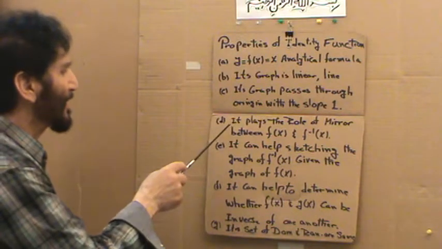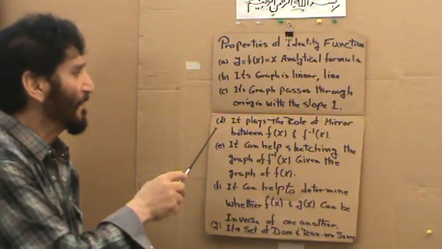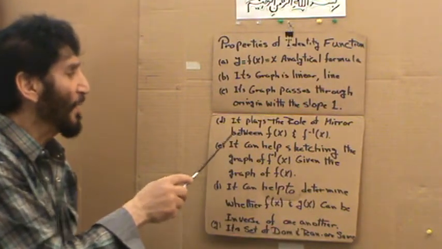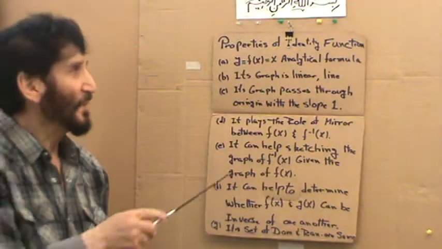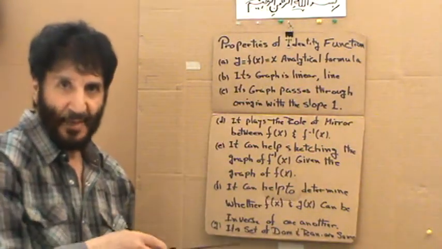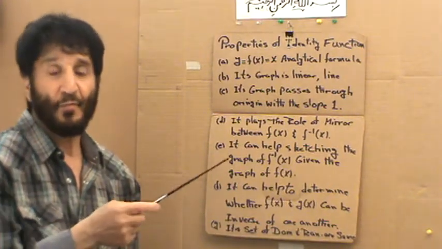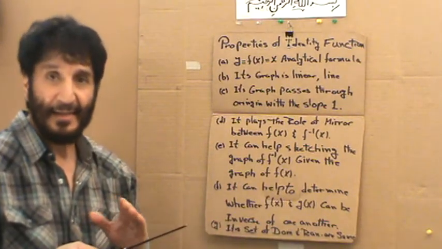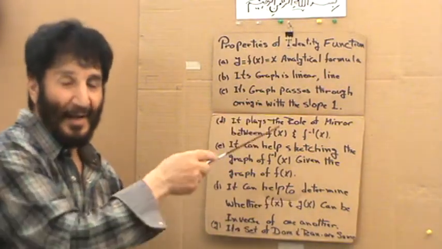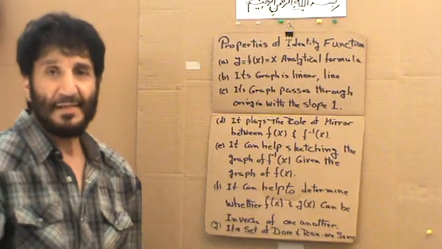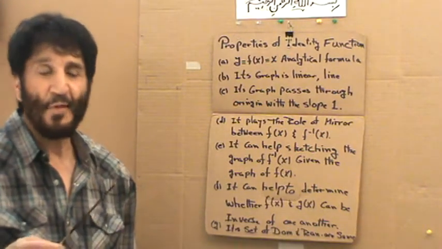Now, number D is that it plays the role of mirror image. That's interesting. It plays the role of mirror image between f of x and f inverse, which means when we draw the identity function and we have the graph of a function, and we want to find the inverse of that graphically, y equals x, the graph of the identity function, plays the role of a mirror.